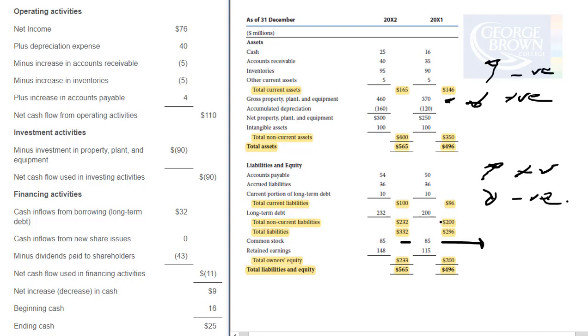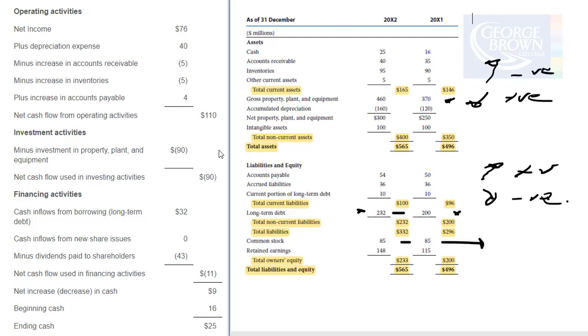However, if we look here at the long-term debt, we can see that the long-term debt in 20x2 is reported at 232 million. In 20x1, it was at 200 million. So our long-term debt grew by 32 million, and that is cash into us, so that would be a positive, okay? And also, we know that the dividends paid to shareholders was 43 million, and that's a financing activity.